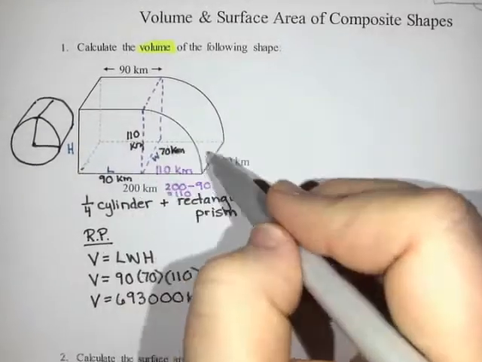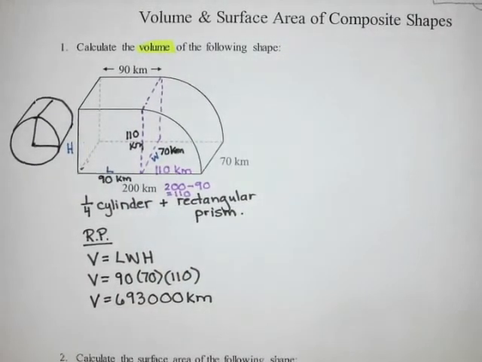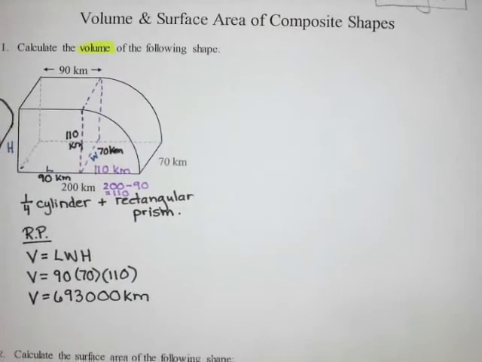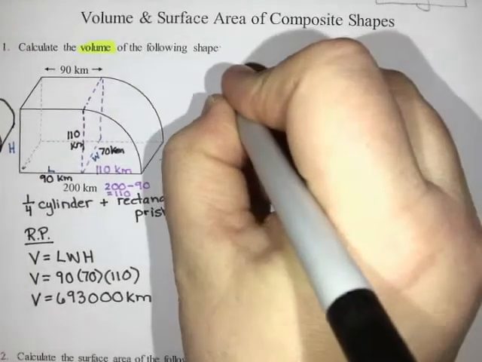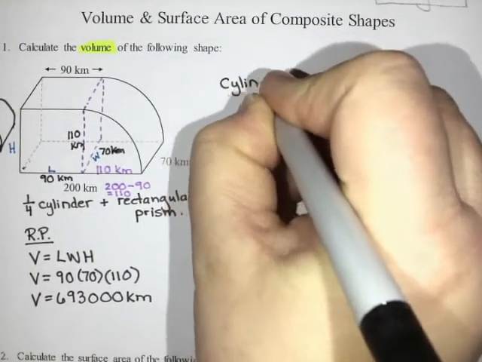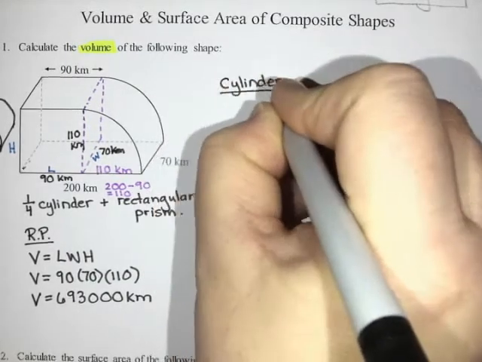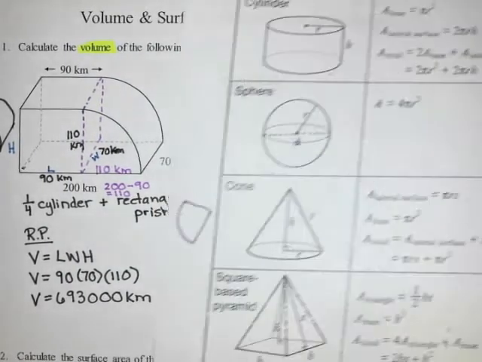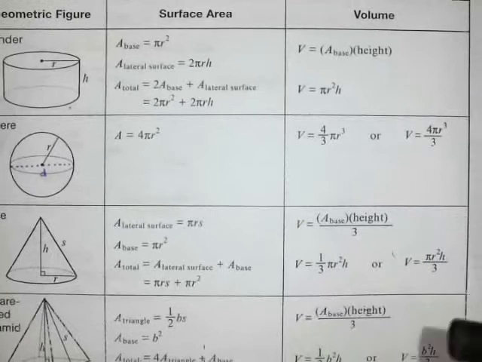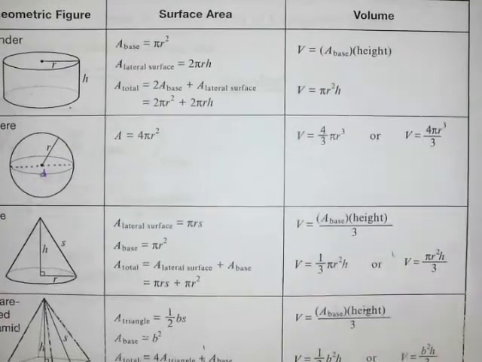Now I need to tackle that part of the cylinder. So we already said that it is about a quarter of the cylinder. So over here, I'm going to write cylinder. The volume of a cylinder is pi r squared h.